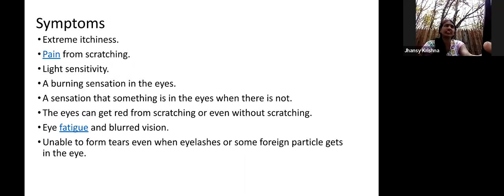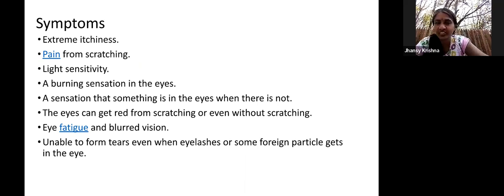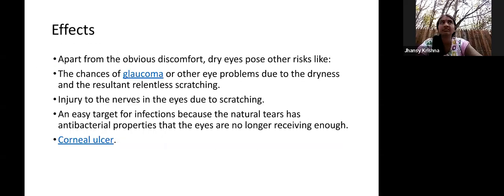Symptoms of dry eyes include pain in the eyes, burning sensation, eye fatigue, blurred vision, and also light sensitivity. Tears are not produced when foreign objects or eyelashes enter the eye.